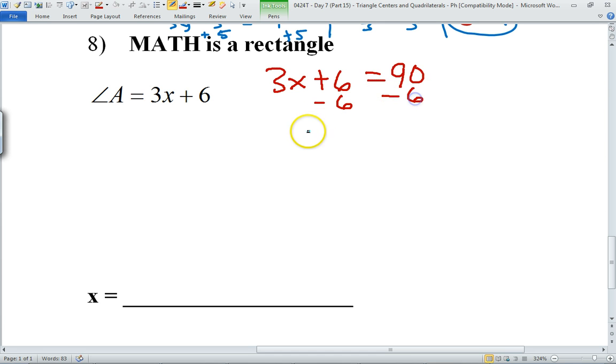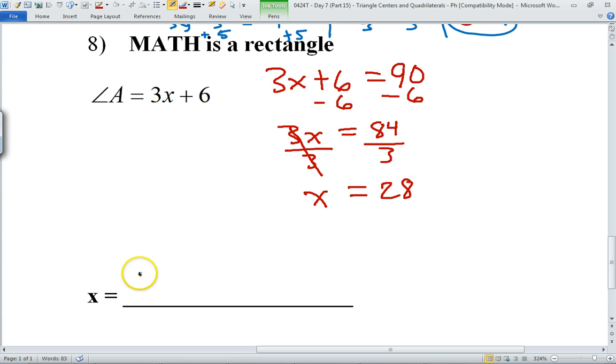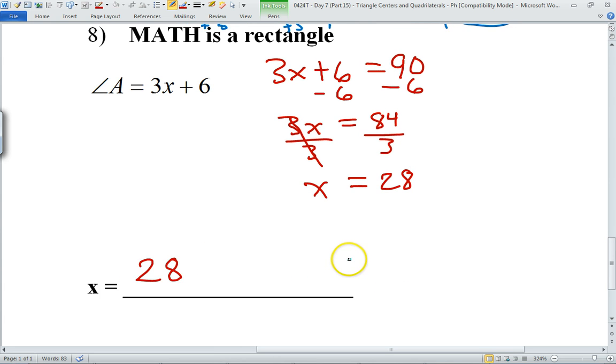Subtract 6 from both sides. That's going to give me 3x is equal to 84. Divide both sides by 3. That's going to give me x equals 28. So that's how you do number 8.